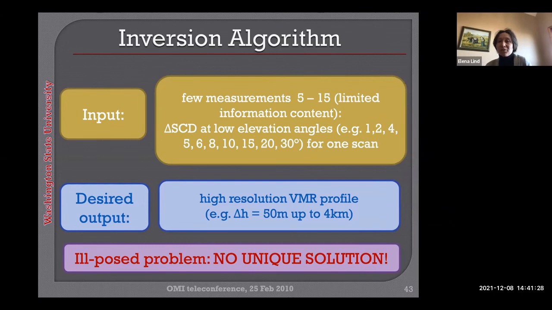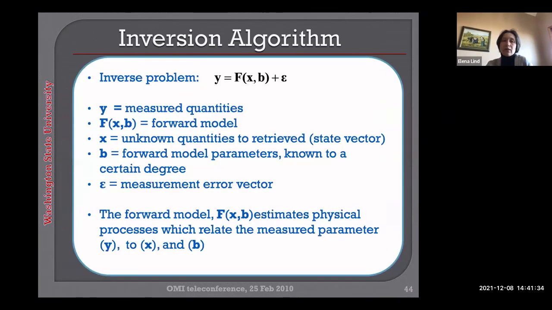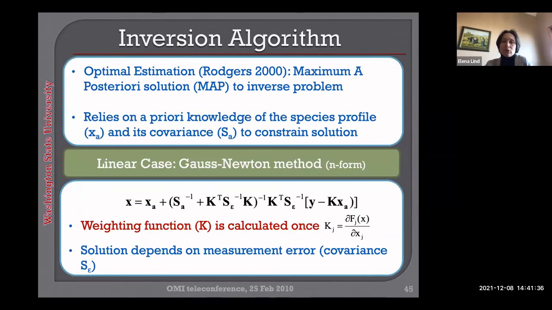And of course, if you think about it, it's an ill-posed problem and there might not be a unique solution. So how do we deal with that? I'm not going to go through optimal estimation details here, but the idea is that you are trying to simulate weighting functions, and it's an iterative process to figure out what the solution will be.